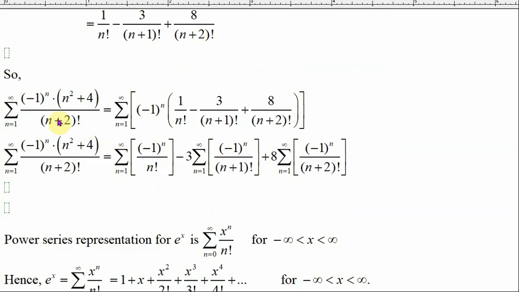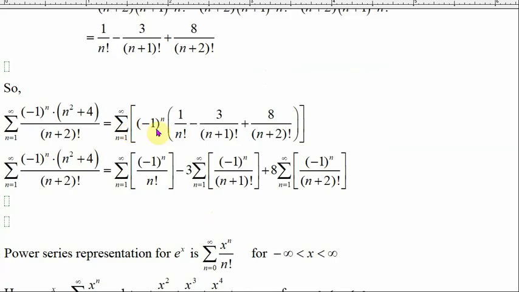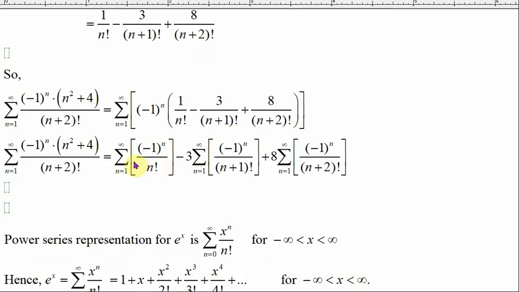And so our infinite series becomes the summation with the expression negative 1 to the n times all of this. And then we can write it as a sum of summations, like this. And then now we just need to find the value of each sum right here.